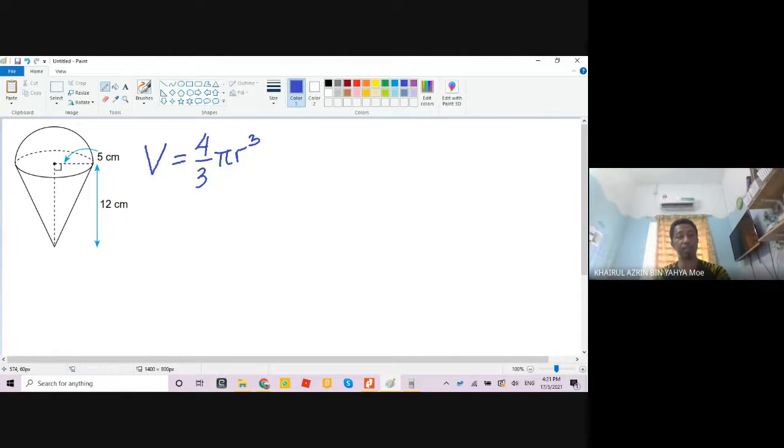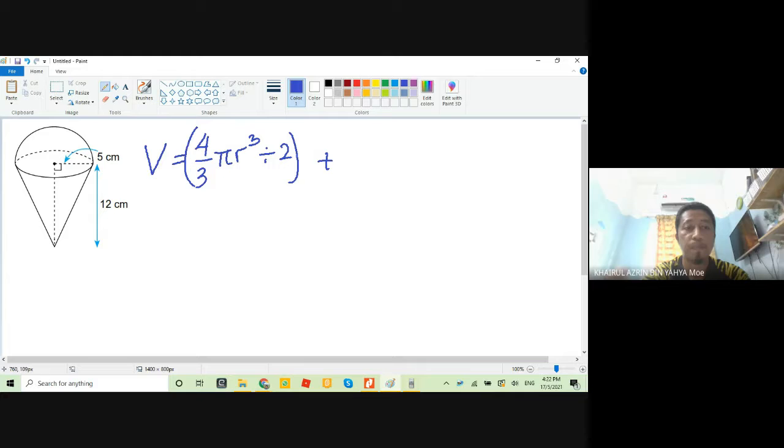But in the diagram here, it's only half. We call it a hemisphere, so you can divide by 2. Actually, you can write 2/3 pi r cube, which is the same thing. That is the volume for a hemisphere. Then we need to add the volume of a cone.